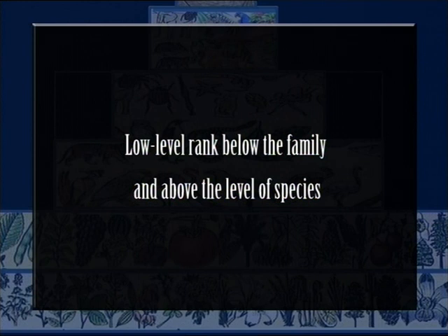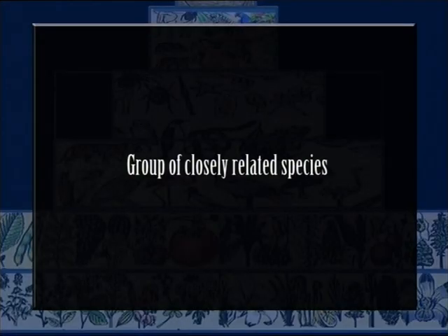Now, we come to genus. A genus in taxonomic hierarchy is a low level rank below the family and above the level of species, used for living as well as fossil organisms, and represents a group of closely related species.